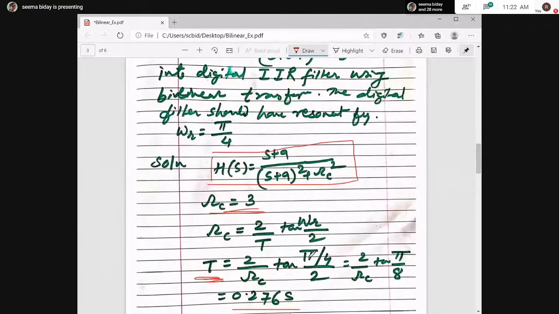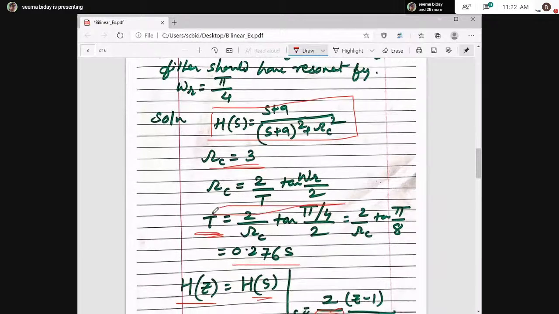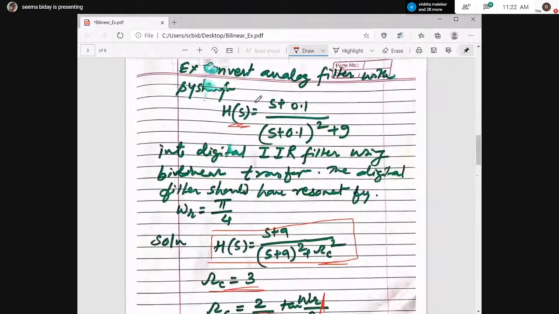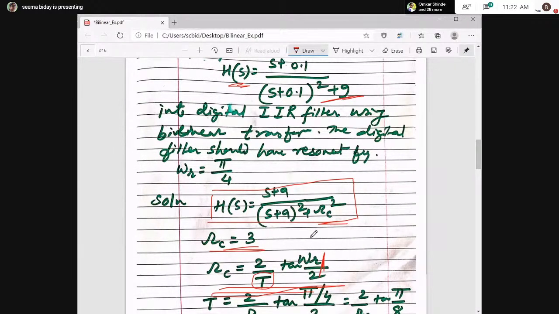With the relationship between the analog frequency and digital frequency, we could determine capital T. And this analog frequency we can also find out from the system function given in the standard formula. Is everything clear? Devashri Das. Yes, ma'am. Aparna Konda. Yes, ma'am.